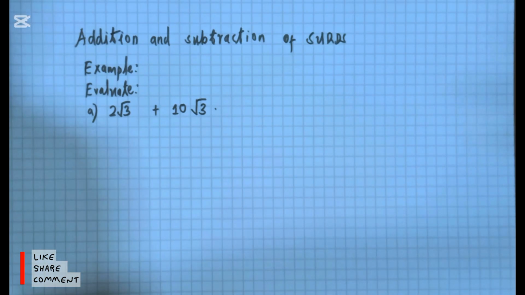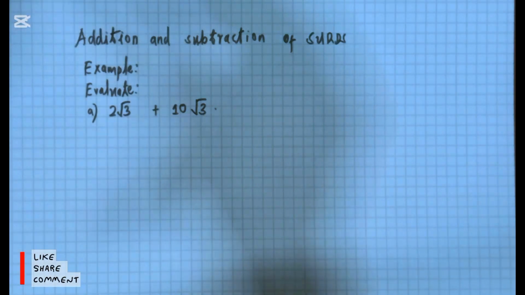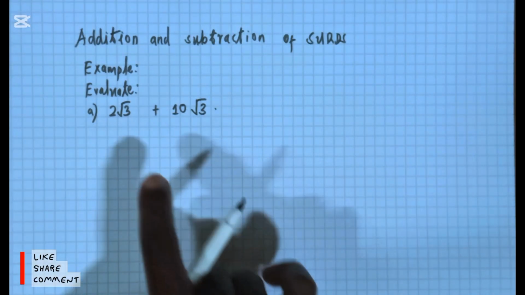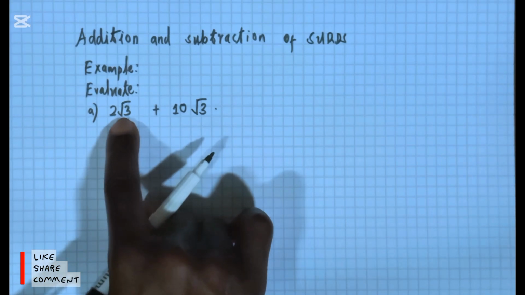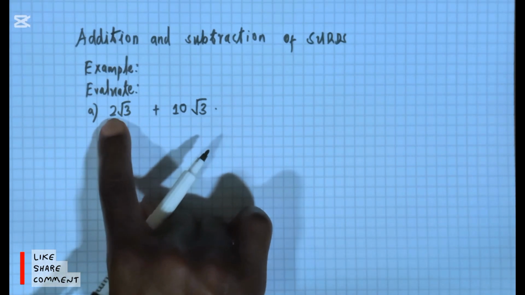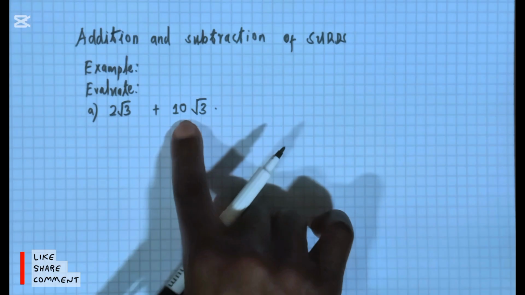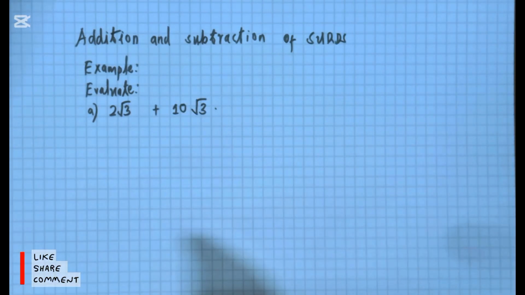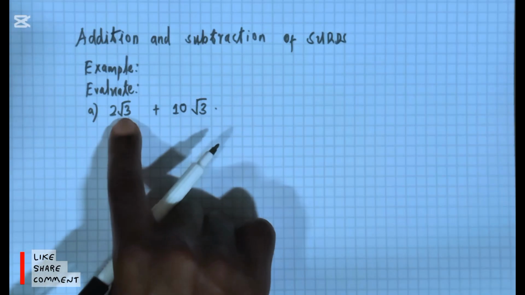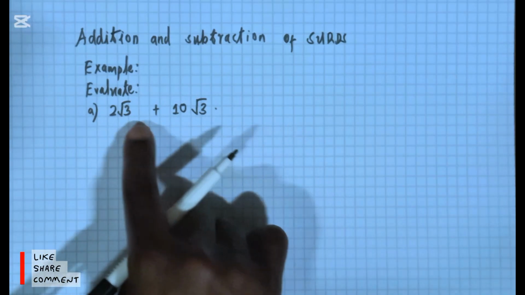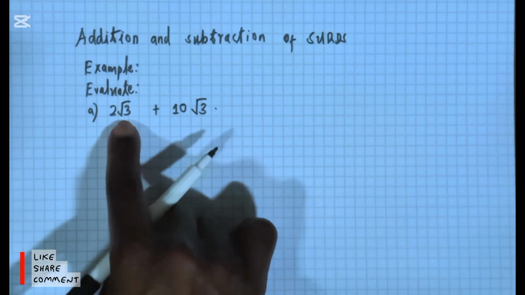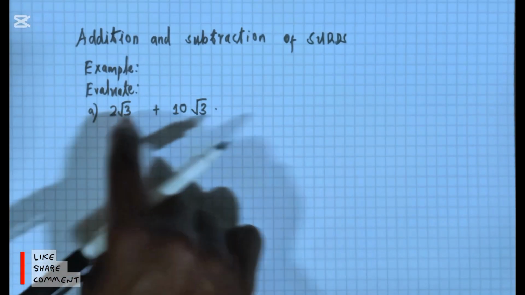Okay, so only like surds will be added together. For example, you can see this side here 2 root 3 and this side here 10 root 3. They are like surds. Why? Because both of them have the same prime number in the root sign. Okay, so this is root 3, this is root 3, so they are like.